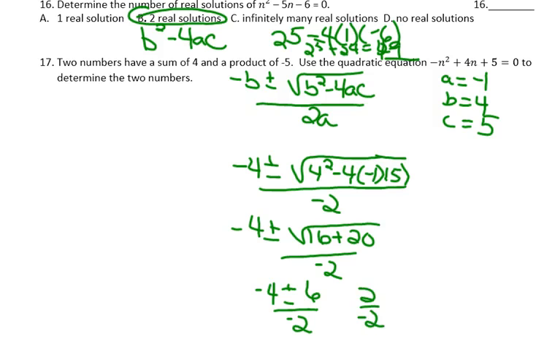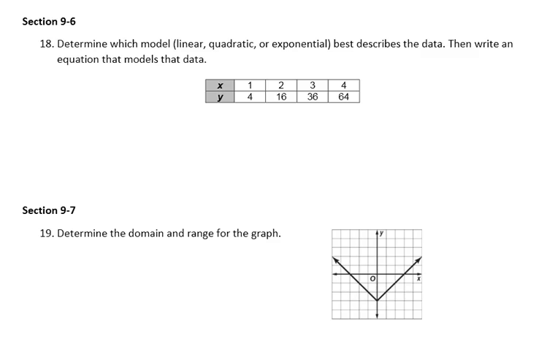And I have -4 minus 6, which is -10 over -2. So when I solve those, that's -1 and 5. So those are your 2 answers. So that one could have been done by factoring, but that's not what the directions said. All right, next one. Whew, almost done here.